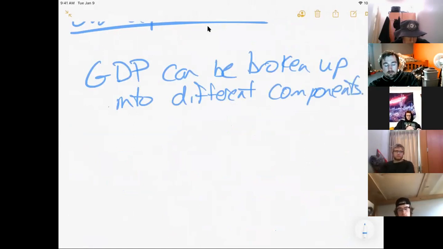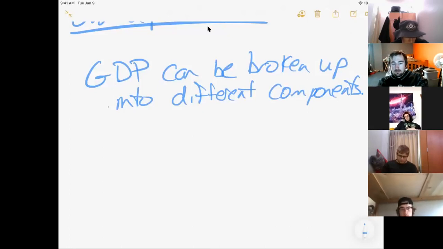GDP can be broken up into smaller components. And there are really three ways to do this, based on the three things that GDP measures.